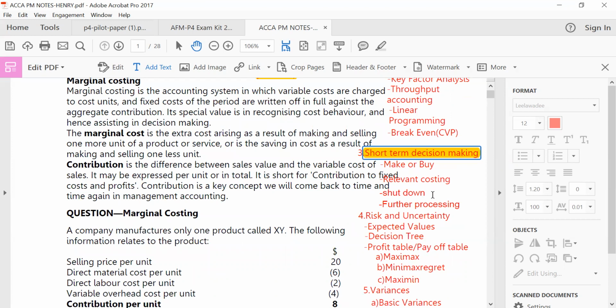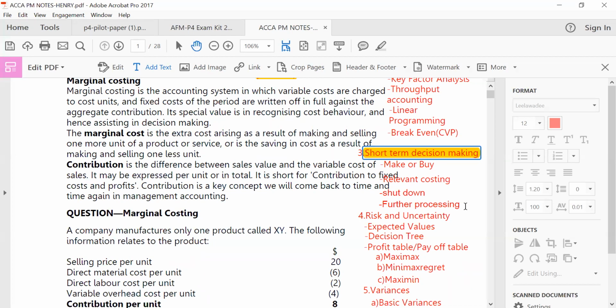Shut down. Sometimes a company will be deciding whether to shut down or to still be in business. Then we have further processing. Here, the product has already been processed, but you are deciding whether to add certain new features or elements to the product. You are looking at how you can regain or increase your market share, or ensure that the product is going to give you a premium price.